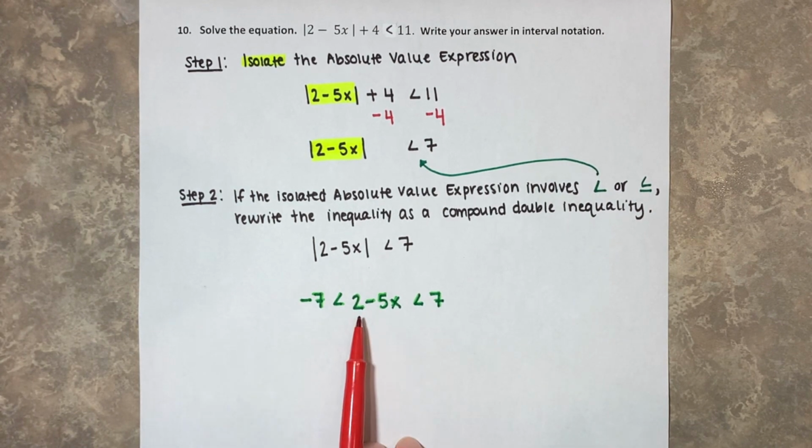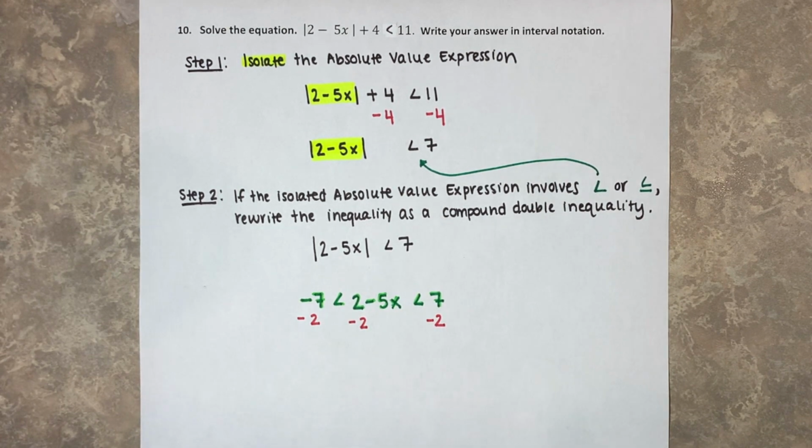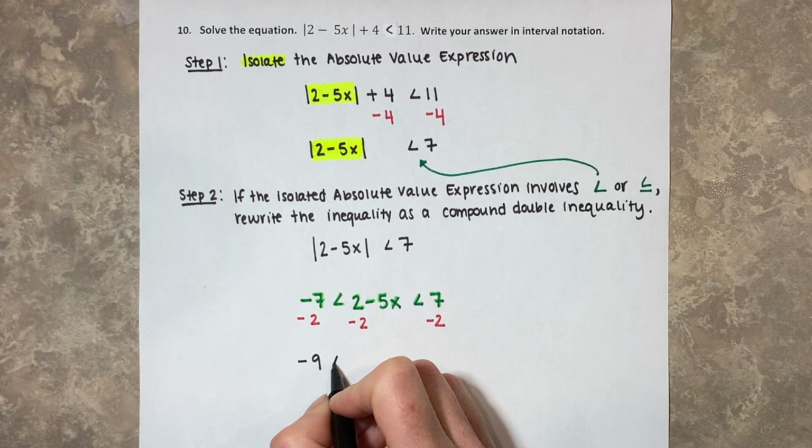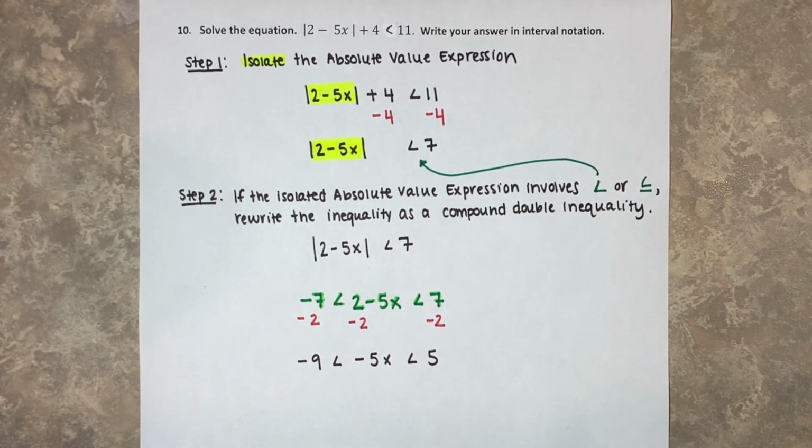Now we just have to work to isolate x in the middle. Let's start by subtracting 2. That will leave us with negative 9 is less than negative 5x, which is less than 5. Now, to isolate x in the middle, let's divide by negative 5. Remember, with inequalities, if you multiply or divide by a negative number, you have to flip the inequality.